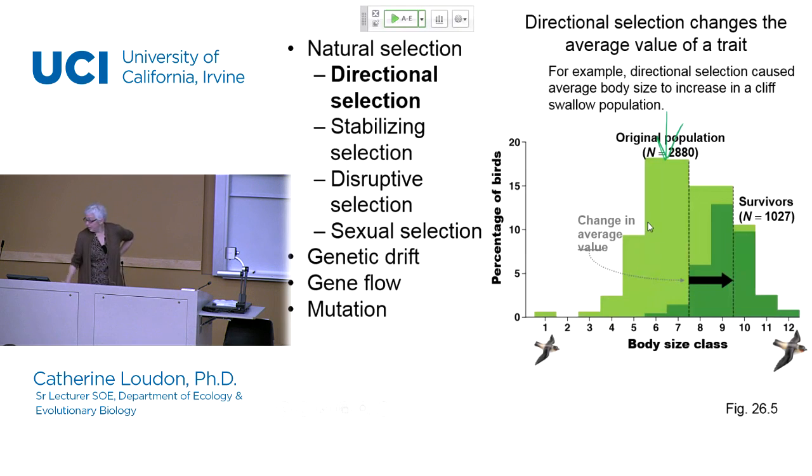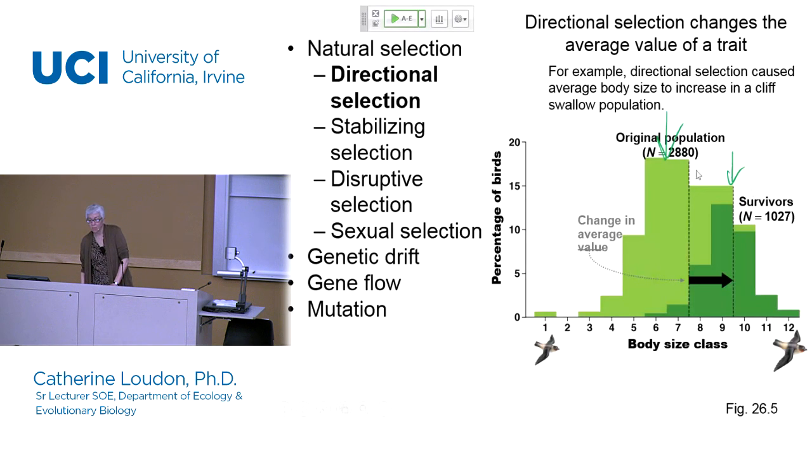And then after the event, the mean has been shifted over, so the mean is somewhere over here. So what this means is that the birds that were smaller were less likely to survive or contribute genetically to the subsequent population after this event occurred. So that's an example of what real data look like when directional selection has occurred.